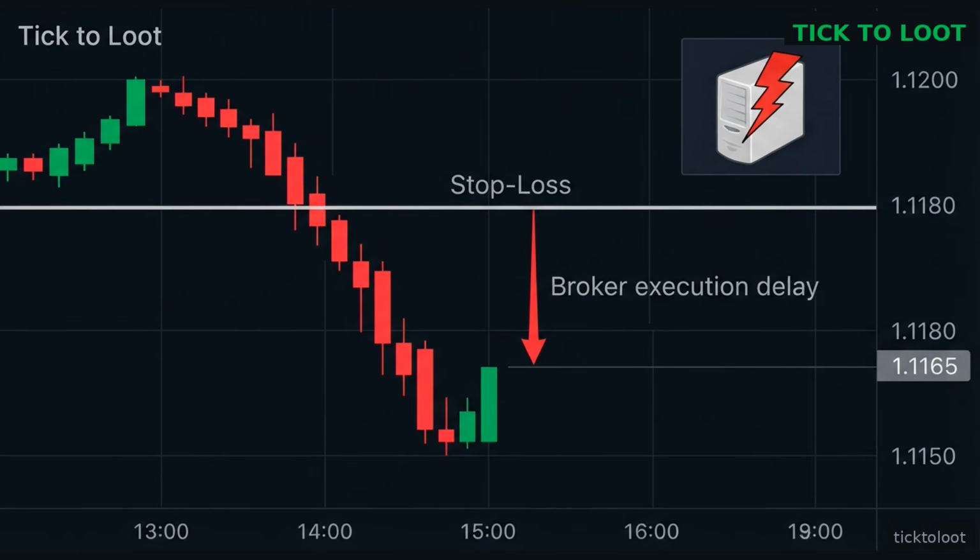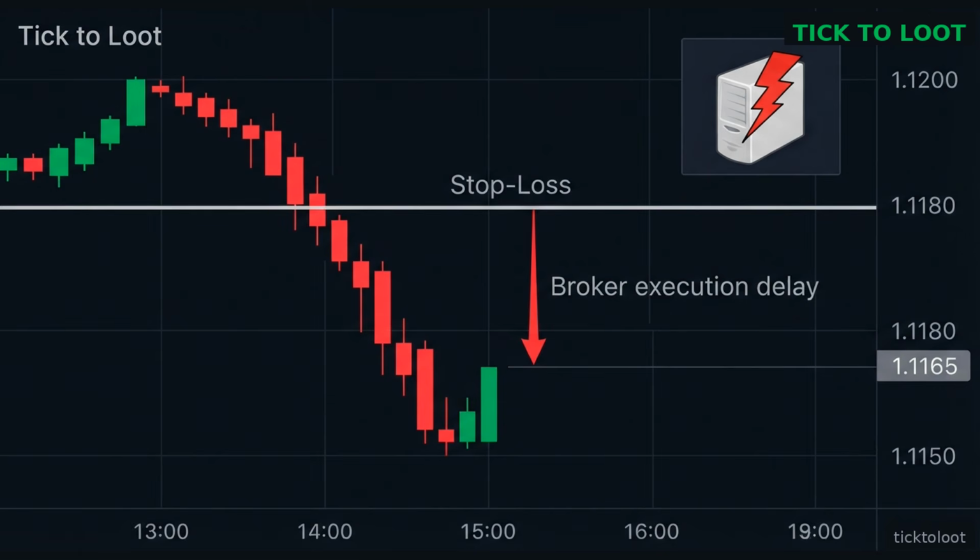Imagine you have an automated euro to US dollar bot that watches the market and places a stop-loss at 1.1180 whenever the price moves against you. If your broker servers are slow, there's a delay, called latency, between the moment your bot sends the stop-loss order and the moment the broker actually executes it.